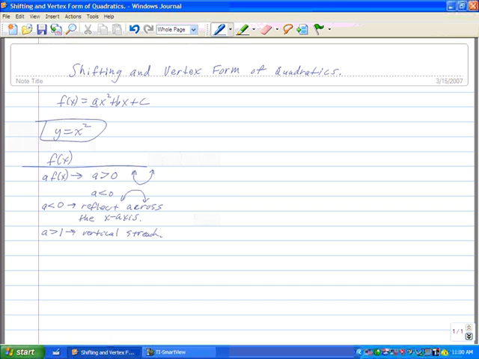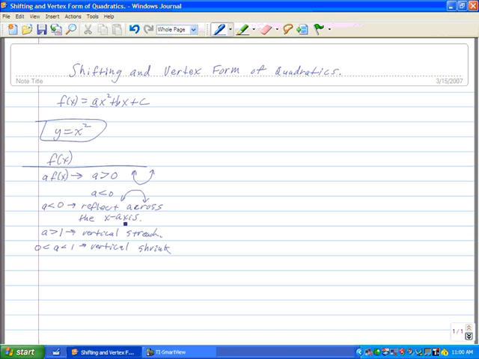So an a value between 0 and 1, we don't want to go below 0 because that causes reflections, causes a vertical shrink.